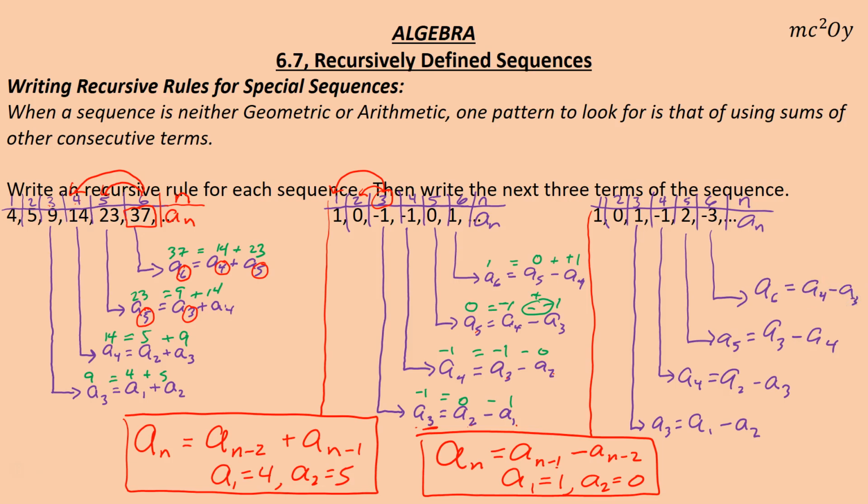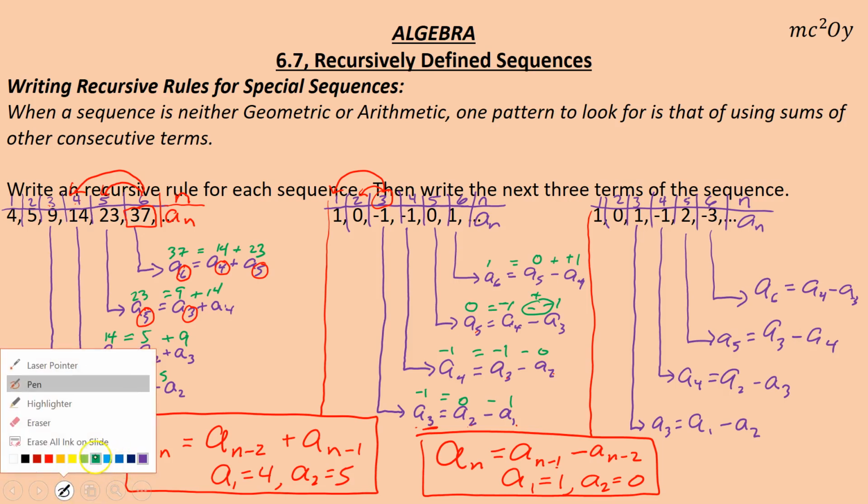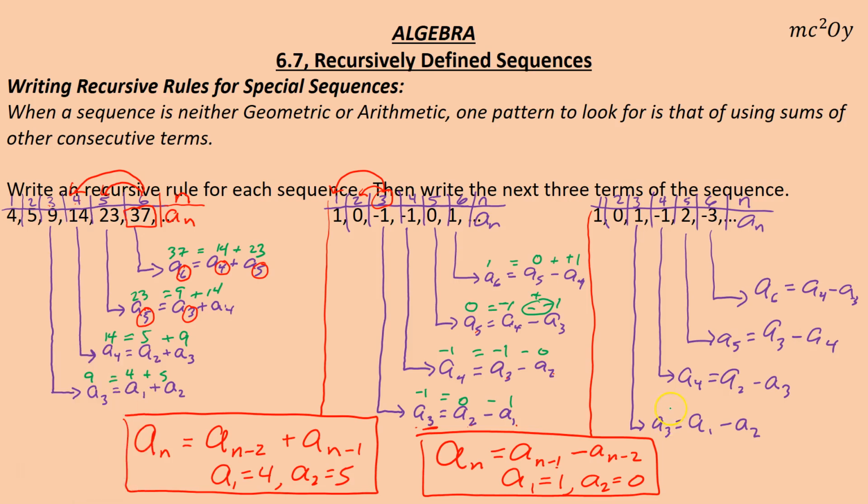Okay, and then just double checking our work here. You usually get a little faster at them. The third is 1, and that's equal to the first, which is 1, minus the second, which is 0. That checks out. The fourth is negative 1, and that's equal to the second, which is 0, minus the third, which is 1. That checks out.